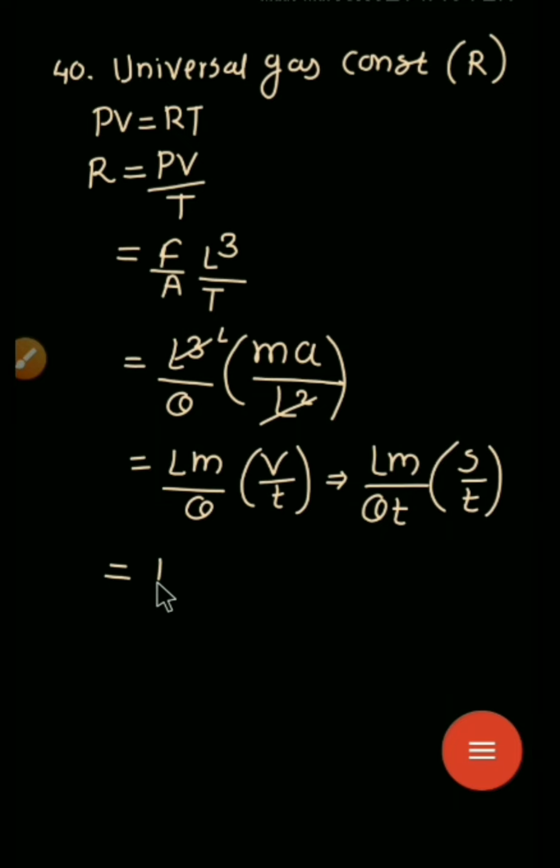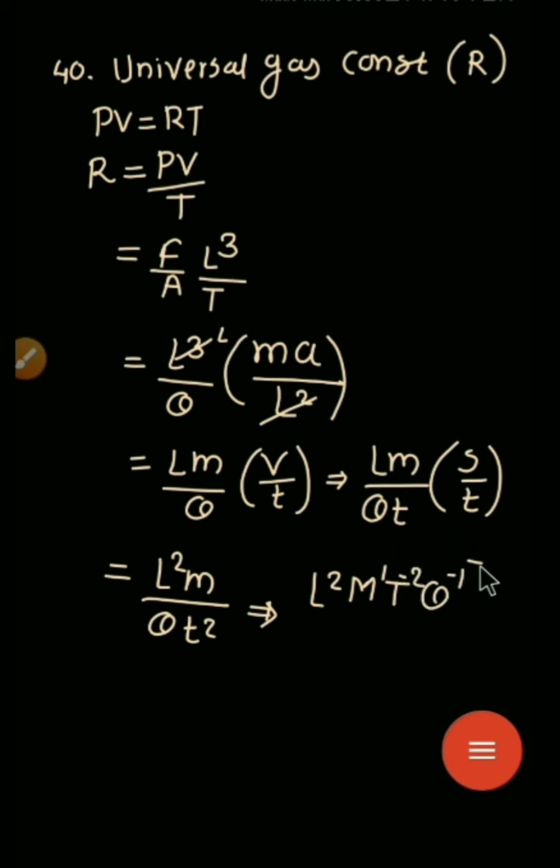So finally we get L to the power 2, m to the power 1, t to the power minus 2, theta to the power minus 1. And this is the dimension for the universal gas constant.